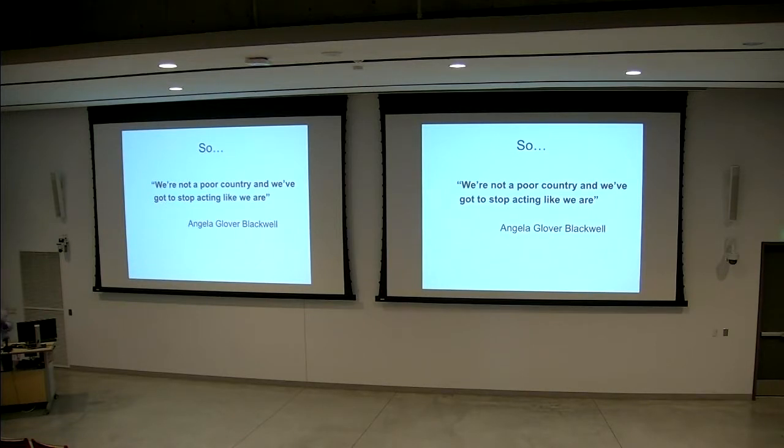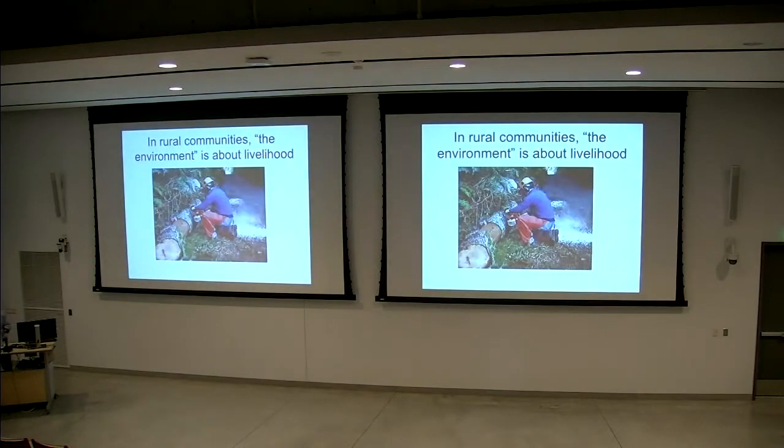A couple of other quick thoughts to close. So I come from a very rural area, and like many parts of Arizona, many parts where Local First works. And part of also speaking to people who are a little bit different from us is speaking in a language we can understand. Increasingly, when I talk about the environment, I talk about it as a livelihood issue. Because rural folks relate to the environment in general differently from people in the urban settings in the environmental movement.